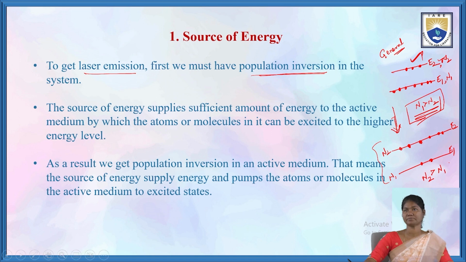Making this condition is called population inversion. That is, making more atoms in the higher energy state compared to the lower energy state is called population inversion. So to get the laser emission, we must have population inversion in that system.